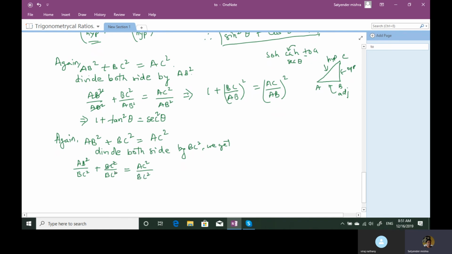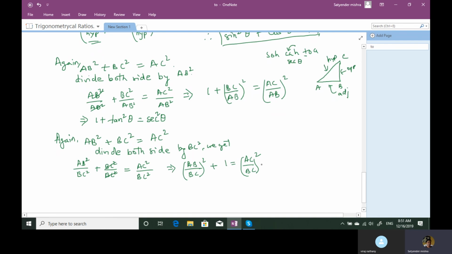So BC square and BC square got cancelled. So we can write this as AB by BC whole square plus 1 equal to AC by BC whole square, right?